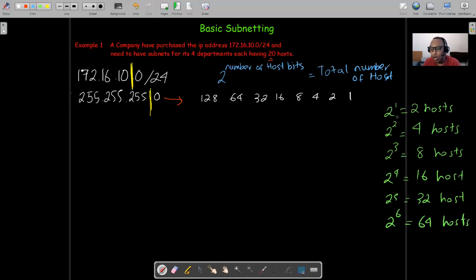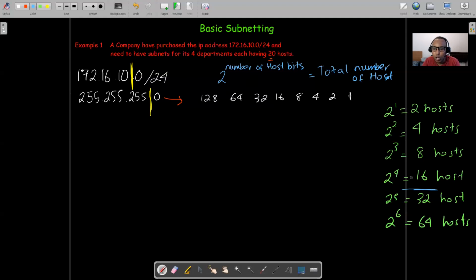Looking back at our calculations, when we borrow 4 bits, we get 16 hosts, and that is too small for our requirements since we need 20. So we'd have to go for our next best option, even though 20 lies between these two. We'd have to go for 2 to the power of 5, so that's when we borrow 5 bits.